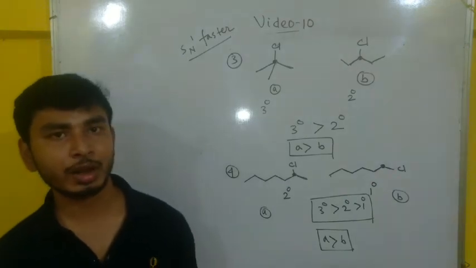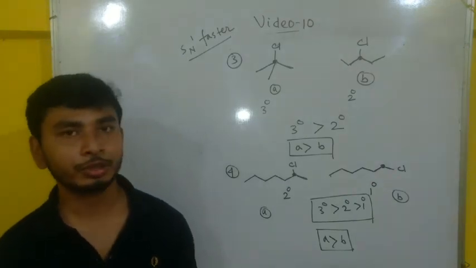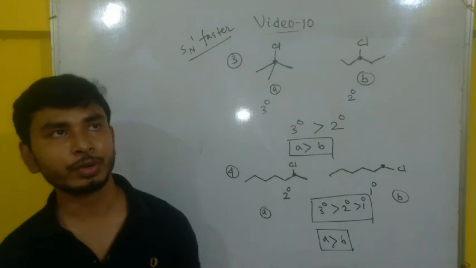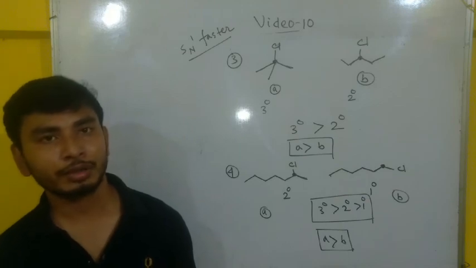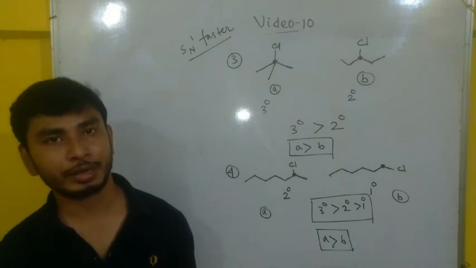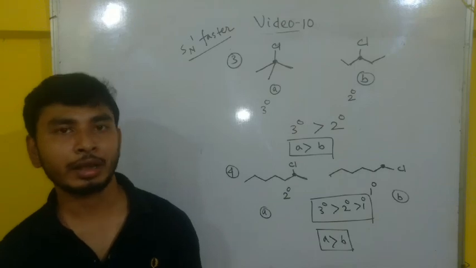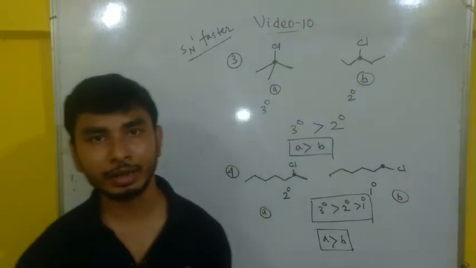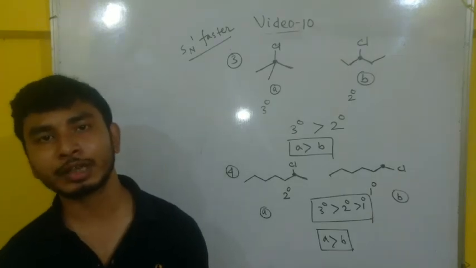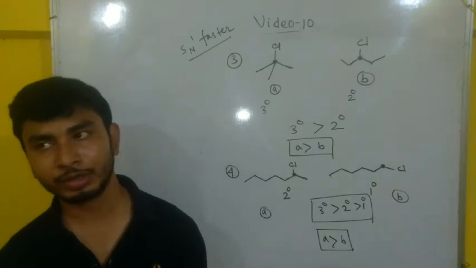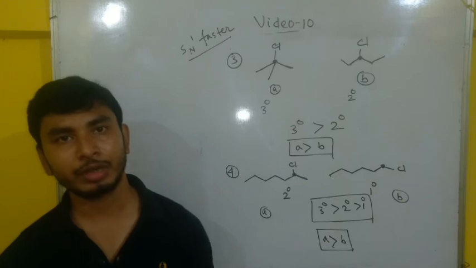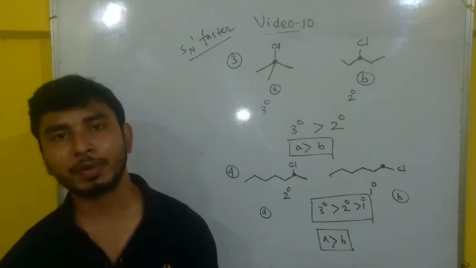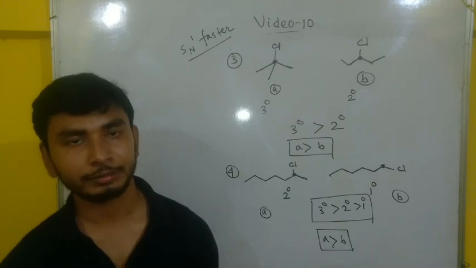Next, the SN1 and SN2 reactions: which one will react by SN1, which one will react by SN2. Next, explain why. Suppose, explain why haloalkane is more reactive than haloarene towards nucleophilic substitution reaction. This fourth type of question is important as far as the organic part is concerned.